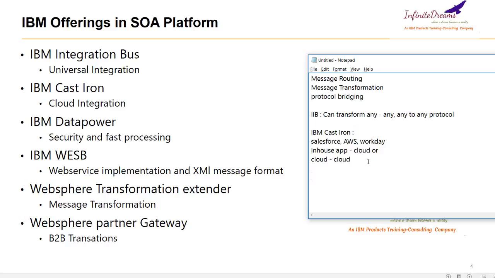Now the third product is IBM DataPower, and we are going to have an overview of it in the next couple of slides. IBM DataPower is also an ESB, so of course it can do all these three jobs. Apart from that, IBM DataPower is used for security implementations.